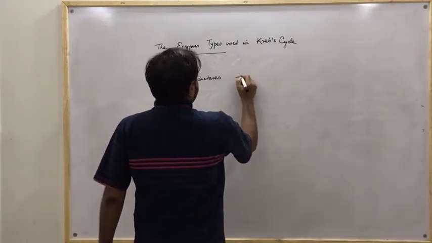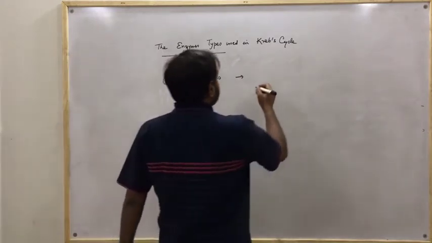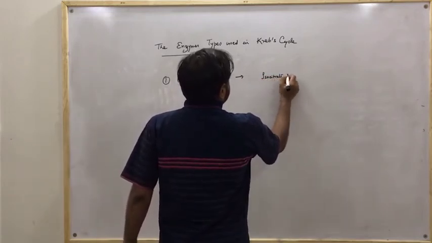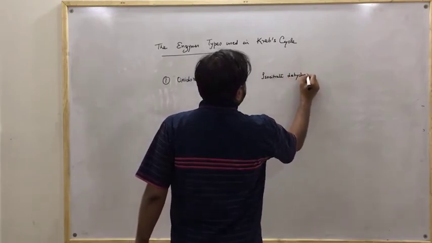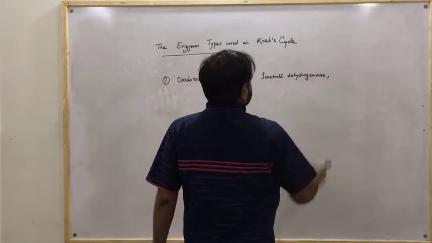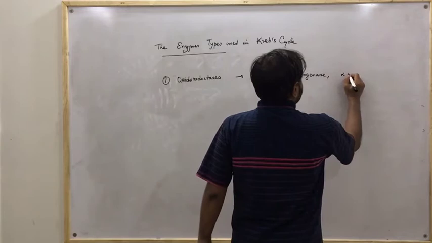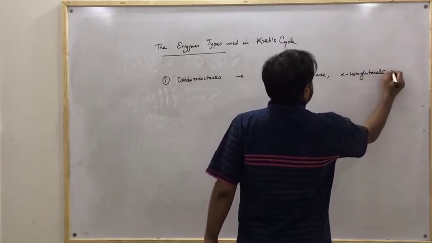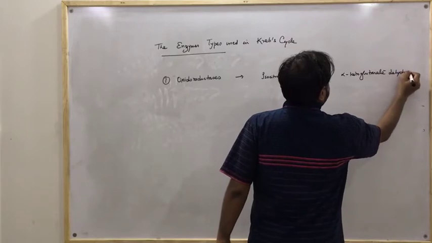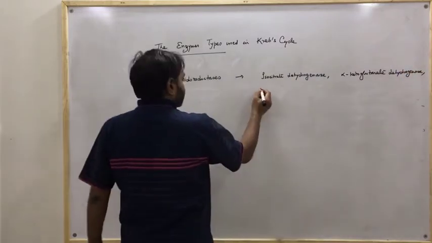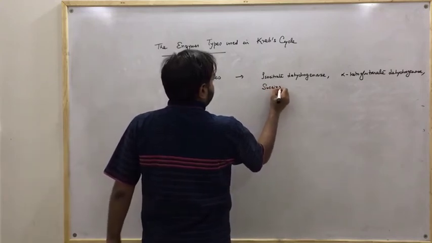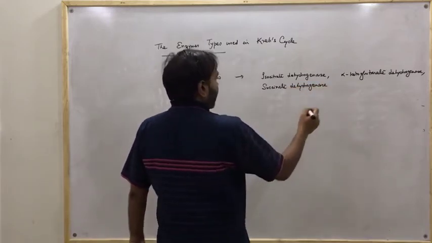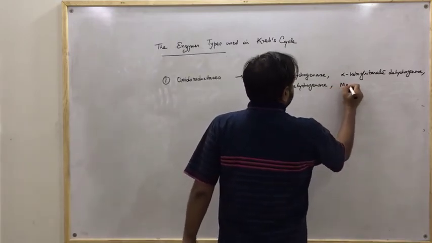So we may write the names of the enzymes involved in the pathway: isocitrate dehydrogenase, likewise alpha ketoglutarate dehydrogenase, likewise succinate dehydrogenase, and the next one is malate dehydrogenase.